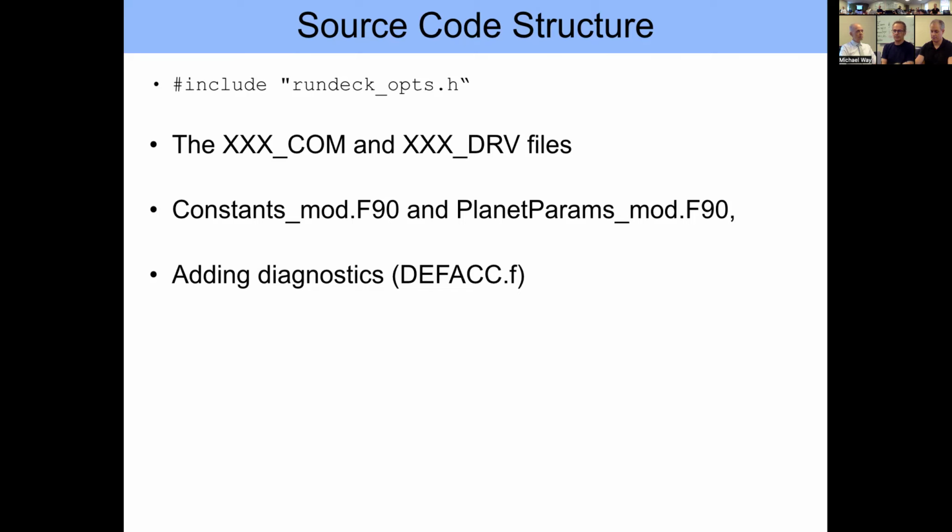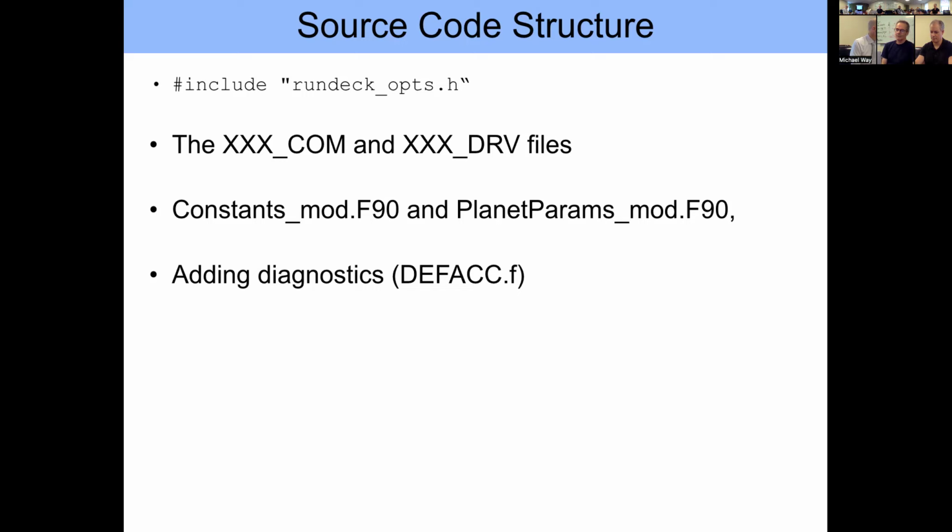And the DRV is the driver that links the main model with your code. So if you have functionality that is, I don't know, atmospheric escape, say you are running a code for that. You should not be doing it with this model because escape happens outside our model domain, but just for the sake of the example.